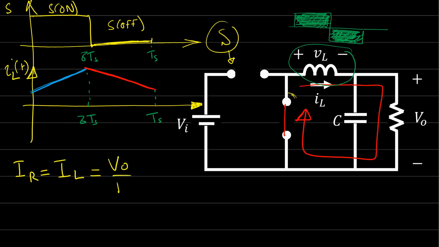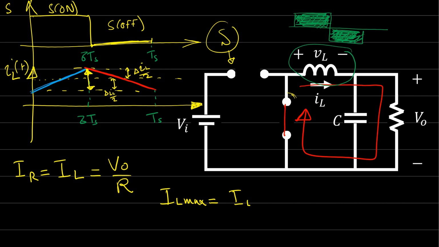This will be V out over R, right? What is the average current in this inductor? If this is the difference, delta I, the value from here to here will be how much? Delta IL over 2, and from here to here it will be delta IL over 2. So the maximum current on the inductor will be how much?